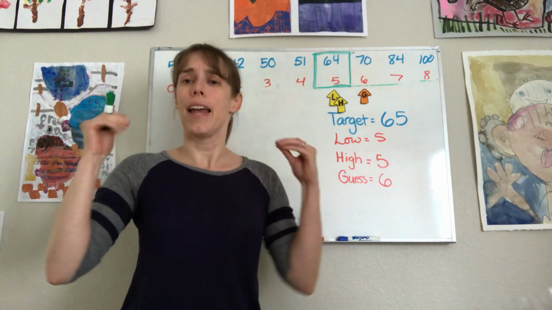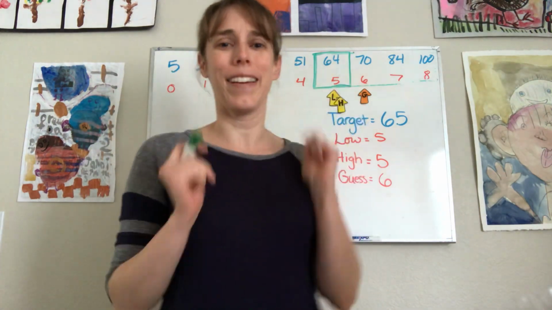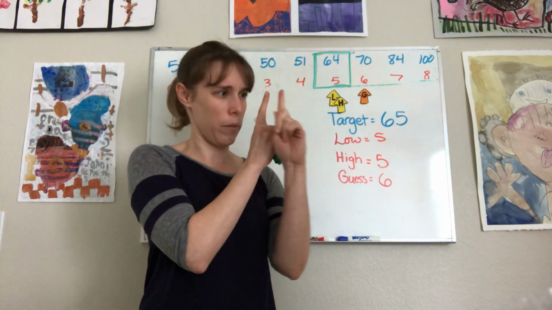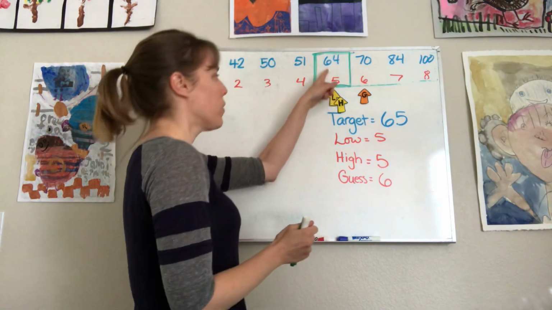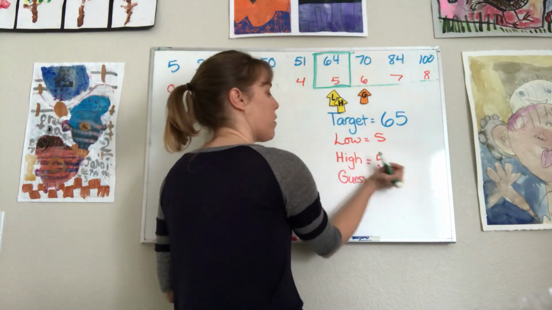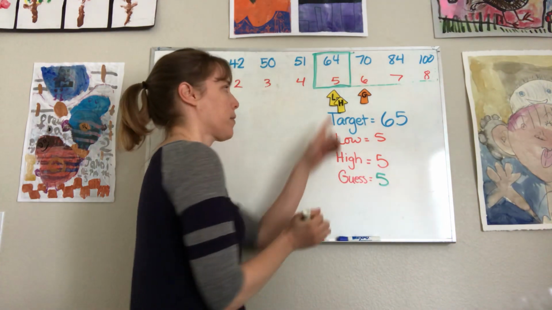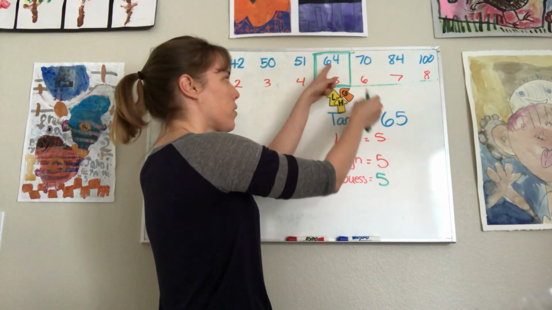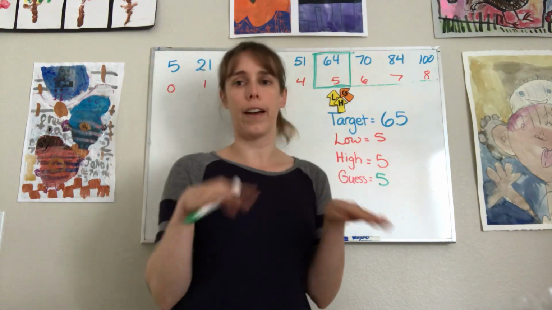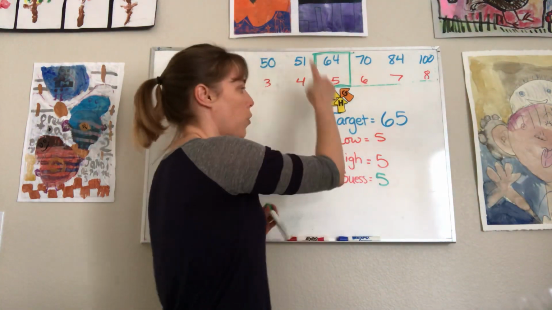And now it's going to say recursive binary search right there, inside between low and high, which are at the same place. So it calls that, it makes its guess, and this new guess is 5. It checks that guess right here and says 64 is not 65, it's too low.